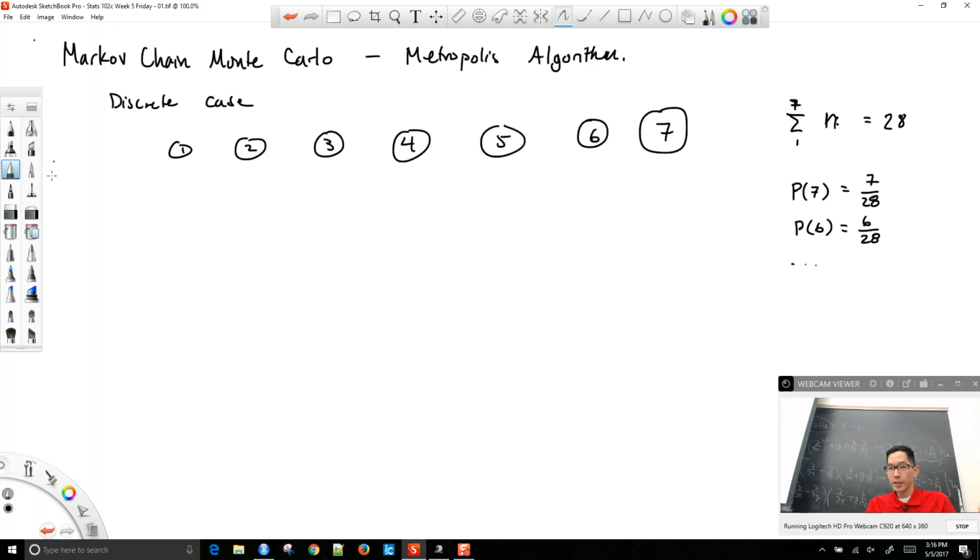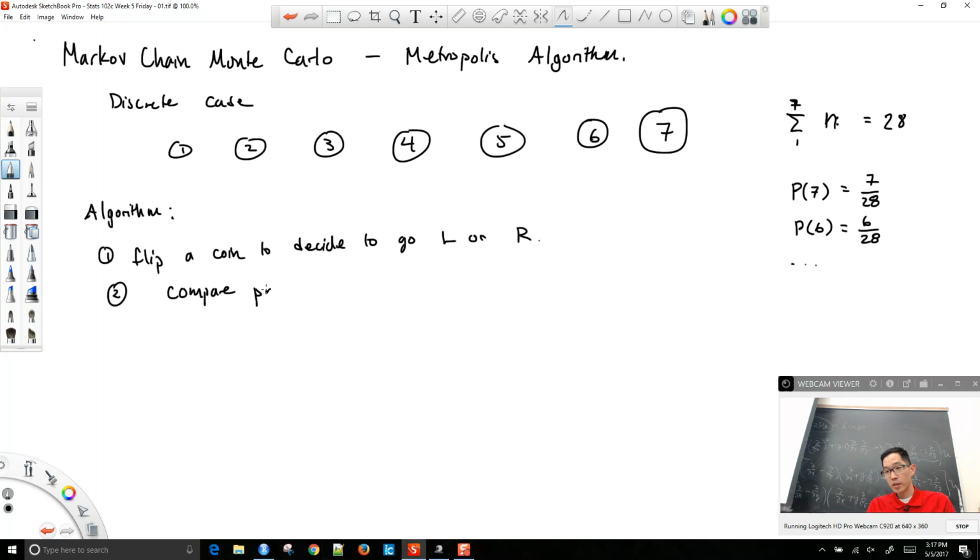And our current algorithm is: flip a coin to decide to go left or right. Compare the proposed island population to the current island population.